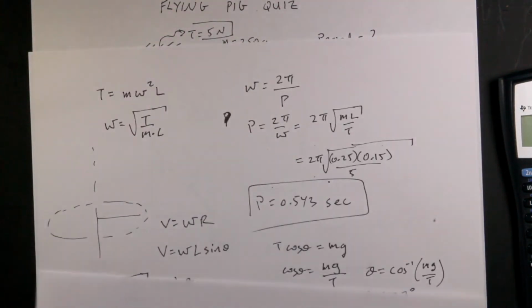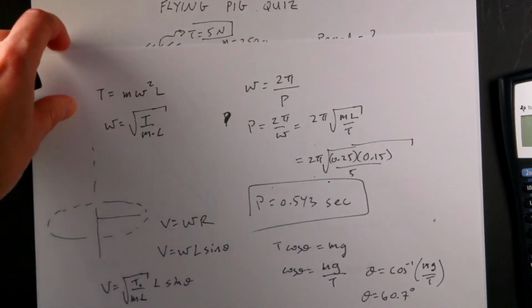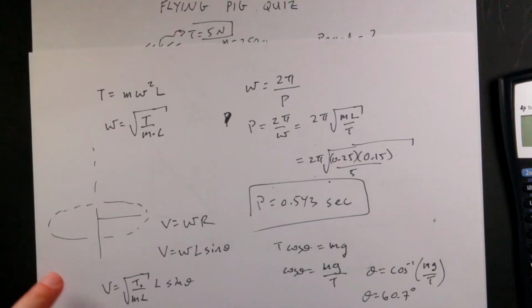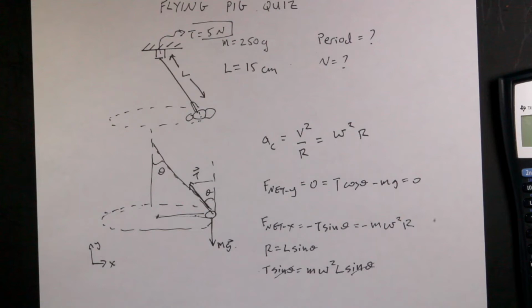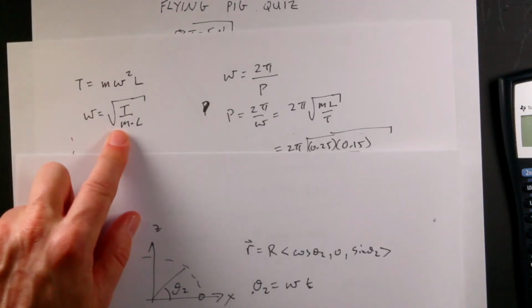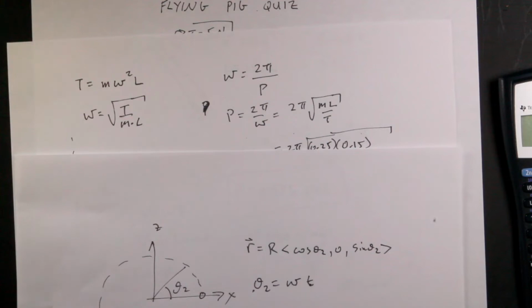So the R, I did that before. Where did I do that? R is L sine theta. So I know L and I know theta. That's theta 1, right? That's the angle that it's swinging at. And then omega is this, T M over L. Okay, so let's do that.